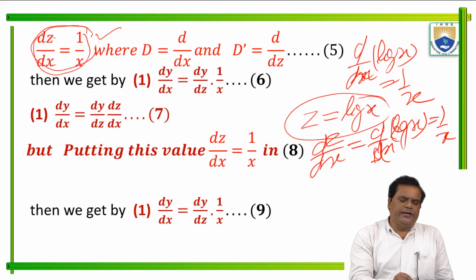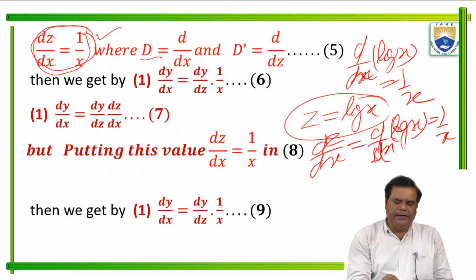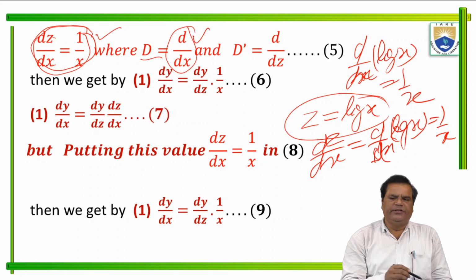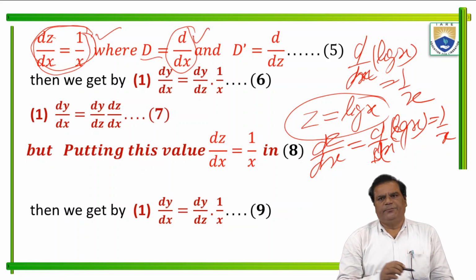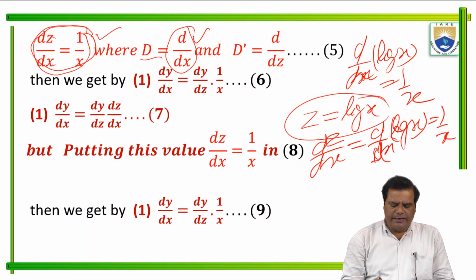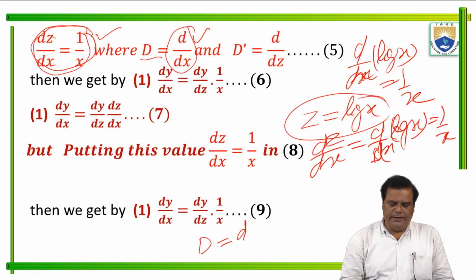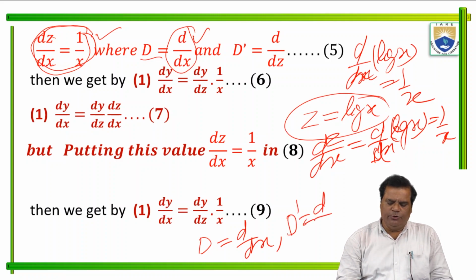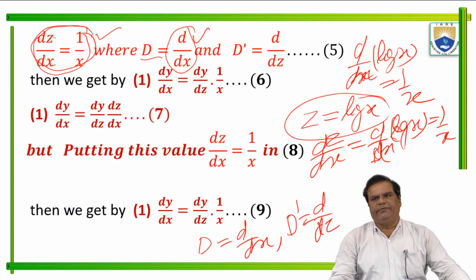This is a very important value, where capital D is known as d over dx, differentiating with respect to x. Here capital D represents d over dx, and capital D dash represents d over dz. z is another independent variable.